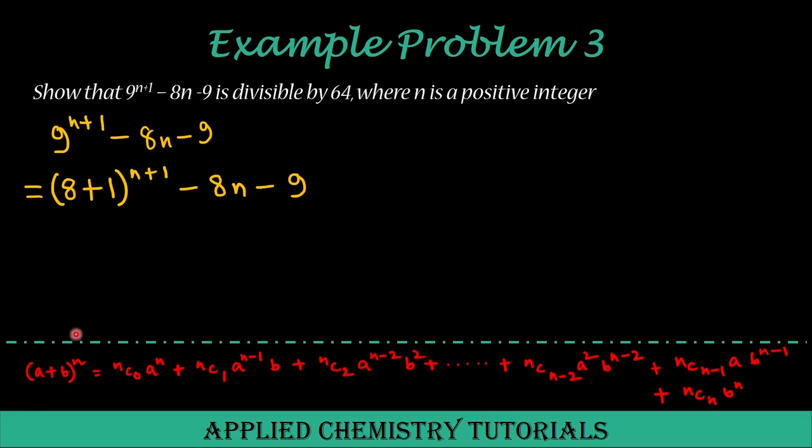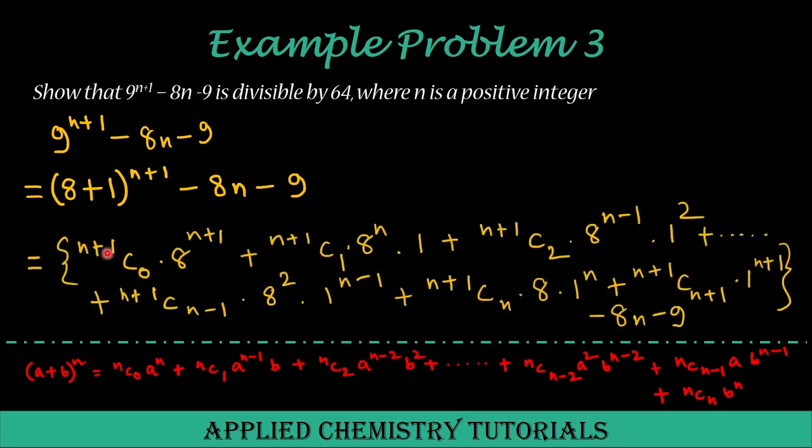So here consider a equals 8 and b equals 1, and also instead of n the power is n plus 1, so we can expand (8 plus 1) whole to the power n plus 1 as n plus 1 c0 multiplied by 8 to the power n plus 1, plus n plus 1 c1 8 to the power n multiplied by 1, plus n plus 1 c2 multiplied by 8 to the power n minus 1 multiplied by 1 square, plus and so on, plus n plus 1 c n minus 1 multiplied by 8 square multiplied by 1 to the power n minus 1, plus n plus 1 c n multiplied by 8 multiplied by 1 to the power n, plus n plus 1 c n plus 1 multiplied by 1 to the power n plus 1, and we'll keep minus 8n and minus 9 outside of the bracket as it is.